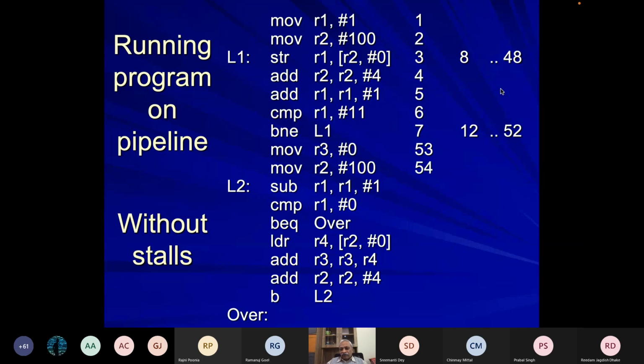Okay, 54, 55, 56. And then initially I'm not jumping out, so I'll continue. Here there is an unconditional branch, and I go back to L2 in cycle 62. So you can see the gap. Let me get the laser pointer.